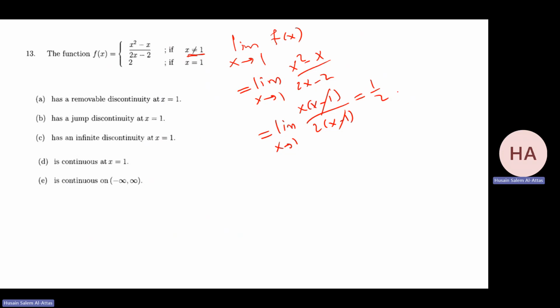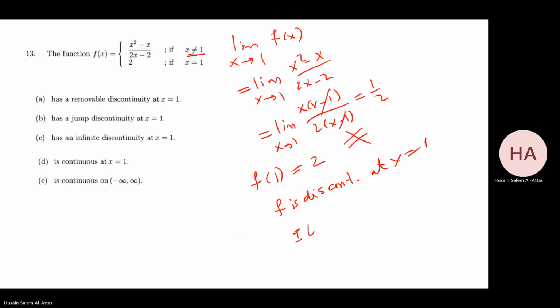Cancelled at 1, it will be half. But f of 1 is equal to 2, so they are not equal. So f is discontinuous at x equal 1, and it has a removable discontinuity.